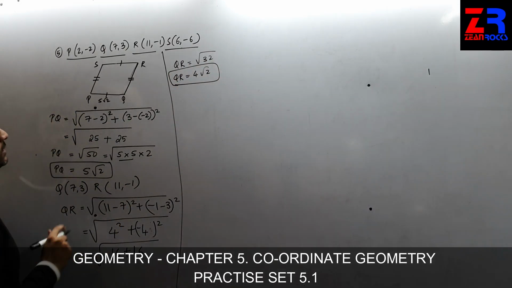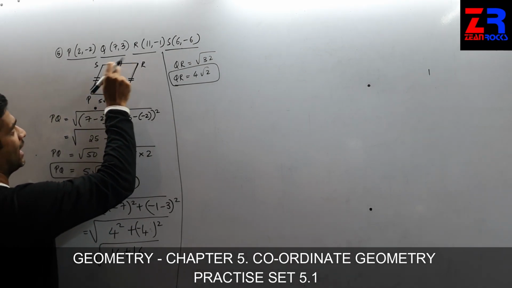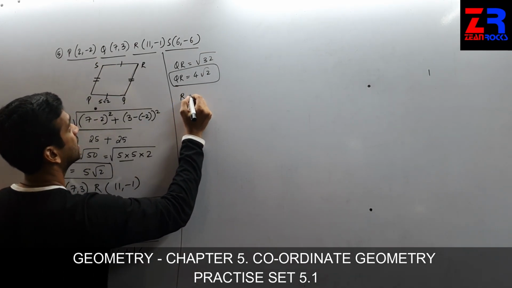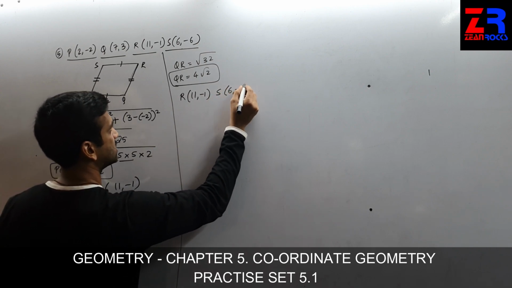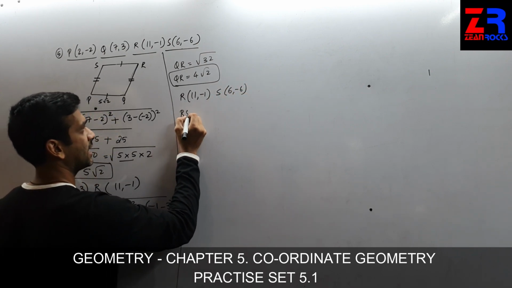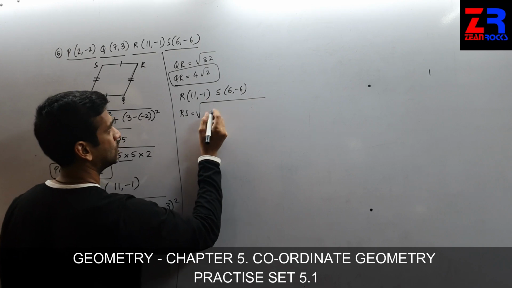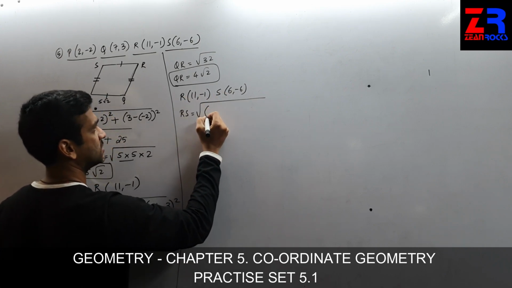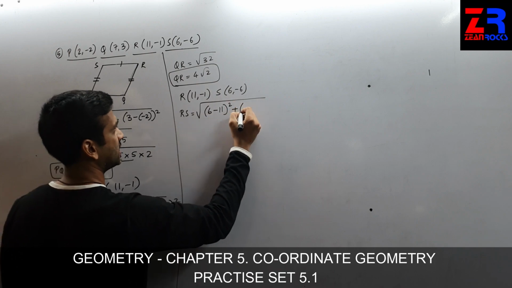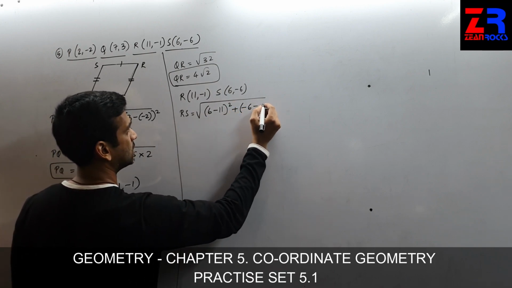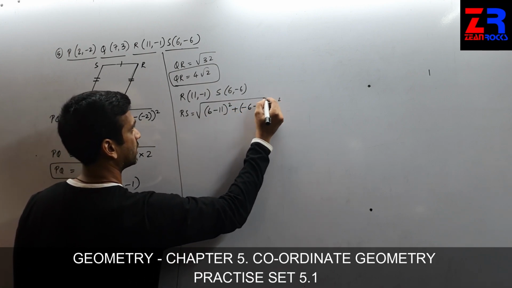Then PQ is done, QR is done. RS: R is 11, minus 1. S is 6, minus 6. So distance RS is equal to first term minus first term, 6 minus 11 the whole square plus minus 6 minus 1 square.